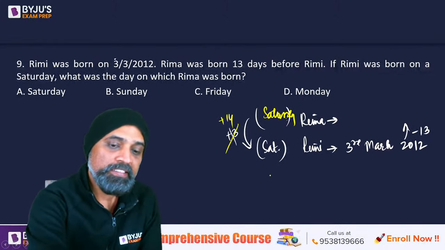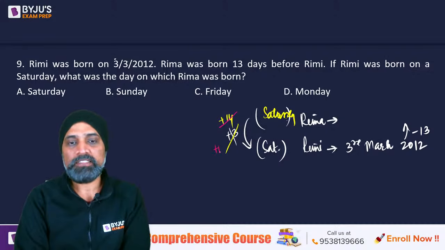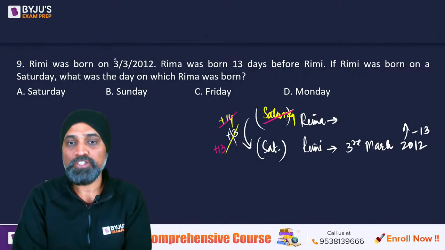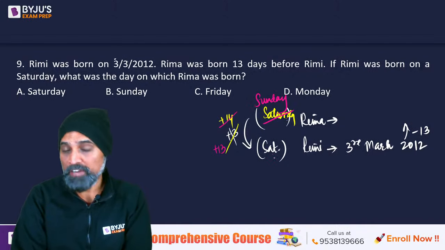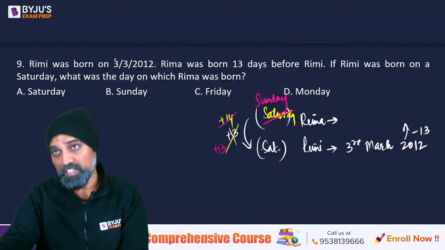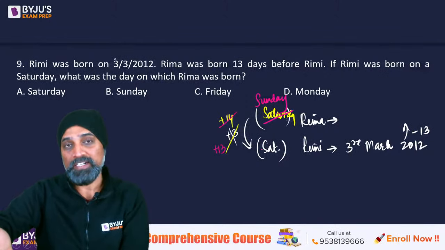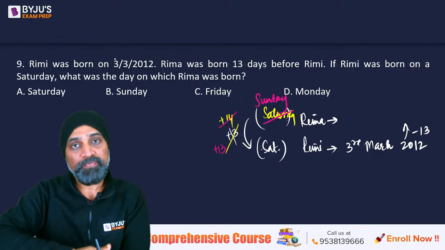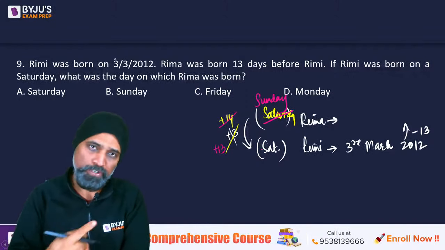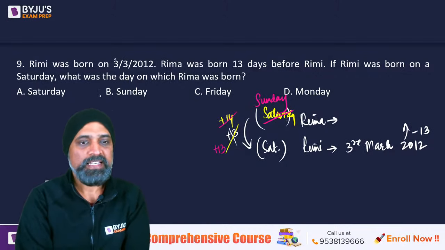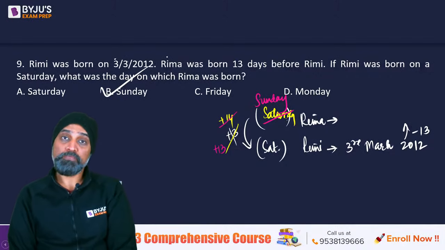But actually this is 13, which means it will not cross that day. So instead of Saturday, this is going to be Sunday, such that Sunday plus 14 would have resulted in a Sunday, but it's only 13. That means 1 day further you don't have to move, so you will end up on Saturday. Vice versa, from Saturday if you go back 13 days, you will end up on a Sunday. So Sunday becomes our answer, the day on which Rima was born.